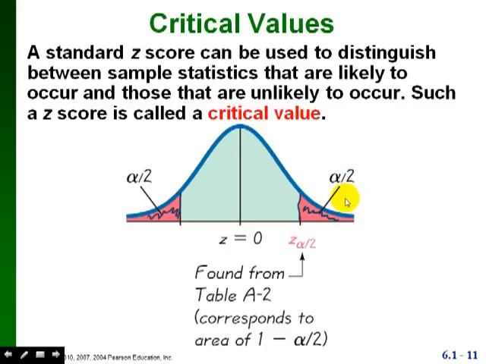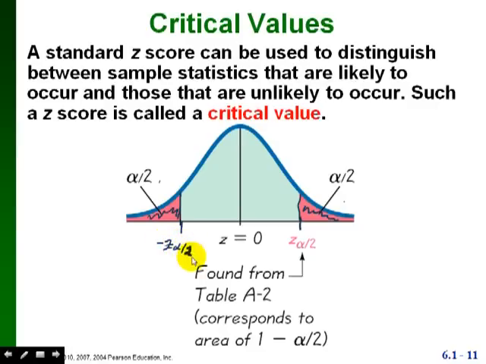So this is going to be a value over here. Half of alpha is this area here. The other half of alpha is this area here. And then what we want to know is what's the value of z right here? That's the cutoff value. And remember, our normal distribution is symmetric, so this value over here will just be the opposite. So this will be negative z of alpha over 2.